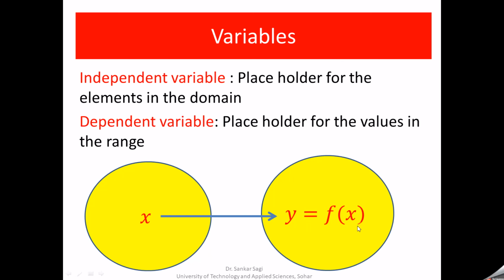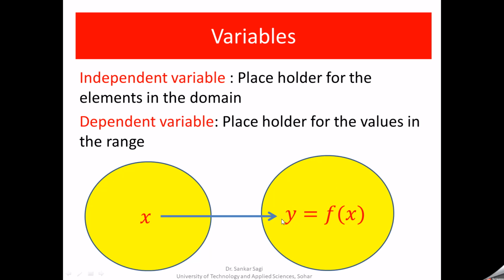In the same way, the range are the images. So the images are f of x, and we write f of x is equal to y, which is representative of the values of the range. So the range contains all the images, and all the images are represented by one single variable.